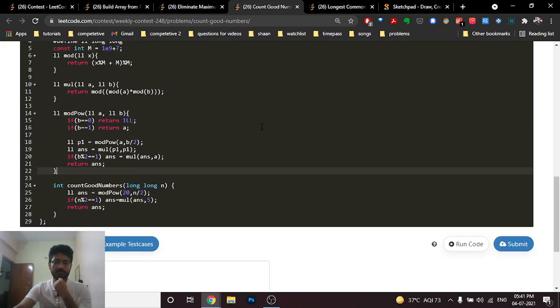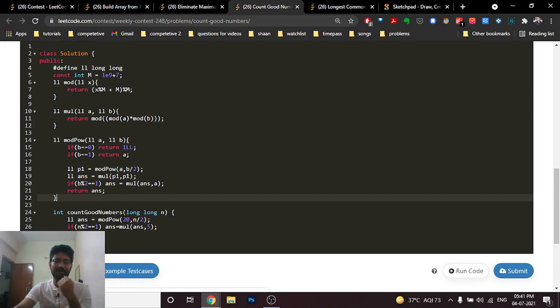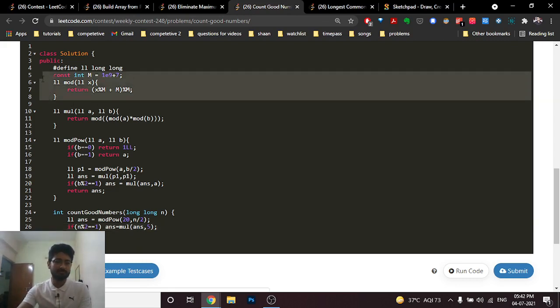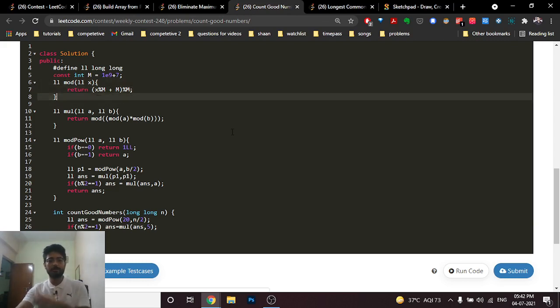So my answer for n is 20 to the power of n by 2, and if n is odd, then you have to multiply 5 into it again. In any case, whenever you have to multiply things, just use the multiply function. This is the simple mod function: x mod m plus m, the whole mod m.